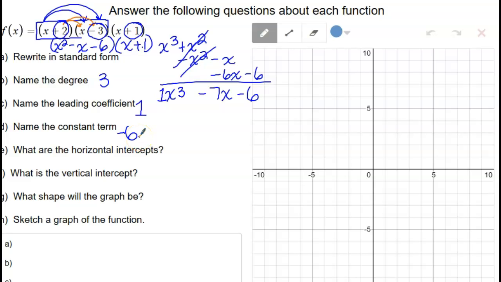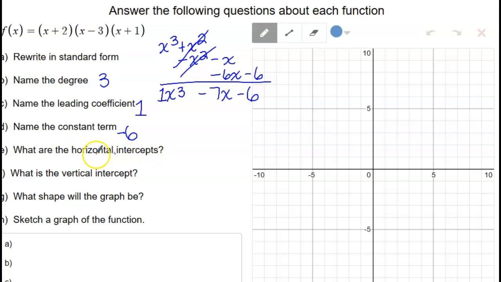The horizontal intercepts come from the factors, so you cannot get the horizontal intercepts unless you have the factors, and these are the factors up here. Remember, a factor is just something that you multiply together to get something else. So the horizontal intercepts are going to be these numbers here, and remember, all we're looking for is what value of x is going to make this factor equal to 0.